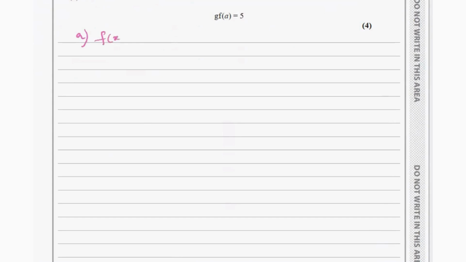So f of x equals 2x squared minus 32 over 3x squared plus 7x minus 20, plus 8 over 3x minus 5. So in the numerator, we can take 2 common first.